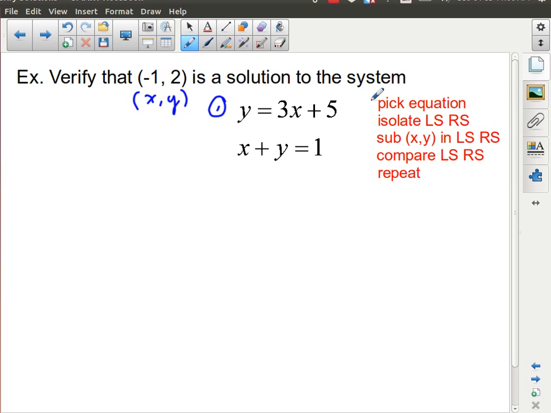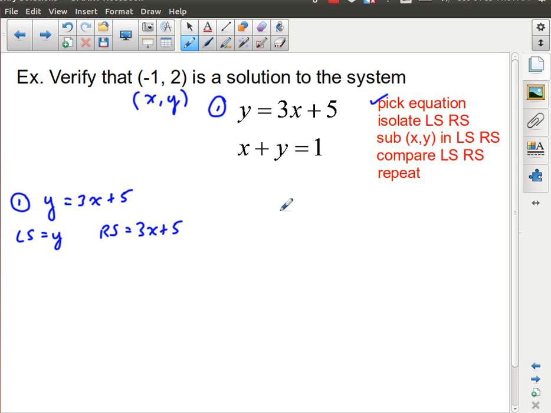So I've picked an equation. I'm going to isolate the left side and right side of that equation. So equation number 1 is y equals 3x plus 5. The left side of that equation is just the value y. The right side of that equation is equal to 3x plus 5.